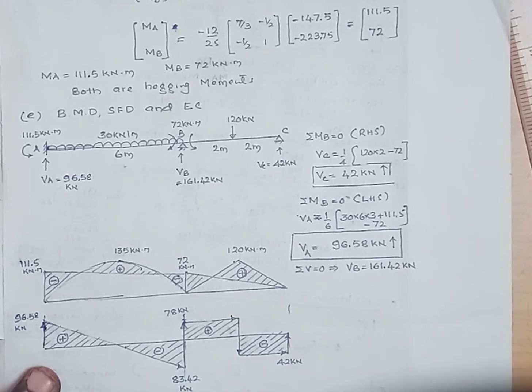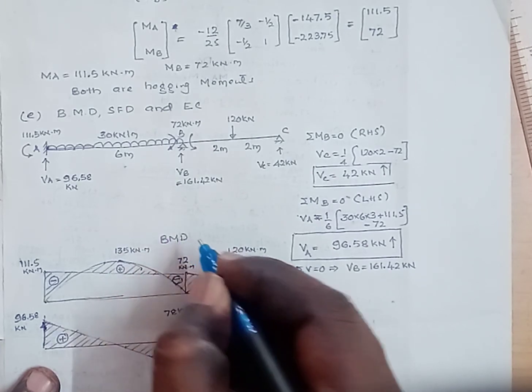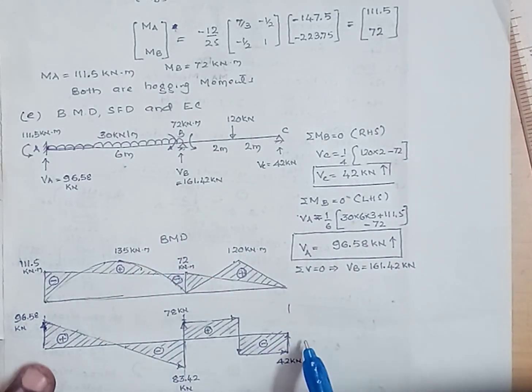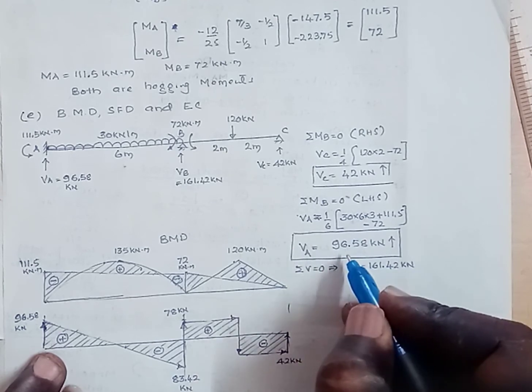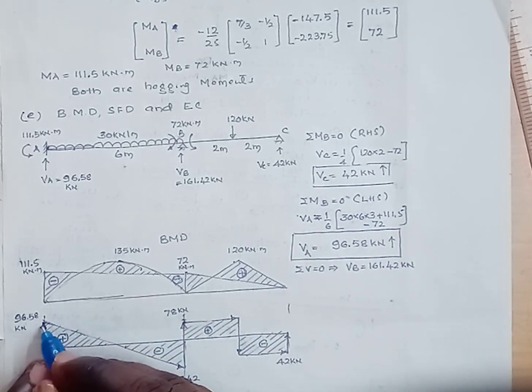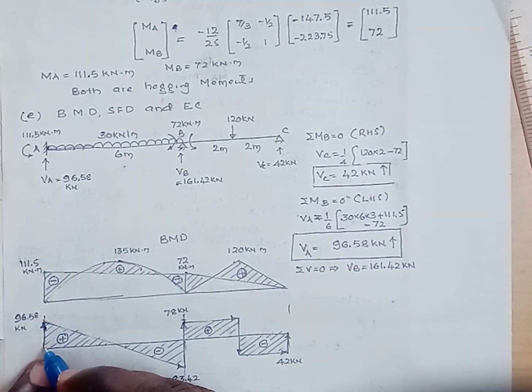Similarly, to draw the shear force diagram, draw the reference line or the bottom line. Here the shear force variation at A, due to the vertical reaction component at A, that is 96.58, as per our sign convention, left upward is positive.